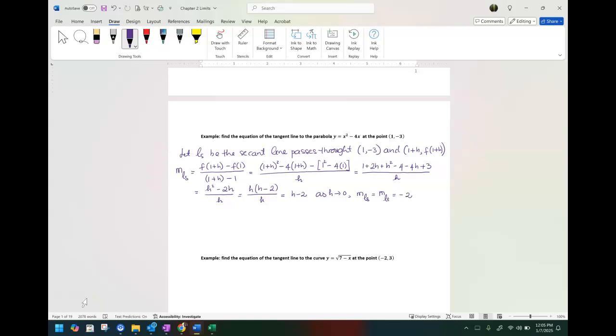The tangent line passes through the point (1, negative 3) and has the slope of negative 2. So then we can set up the equation as follows. We use y equals mx plus b. This means negative 3 equals negative 2 times 1 plus b.